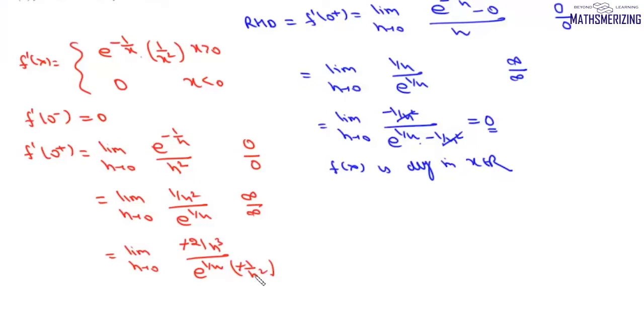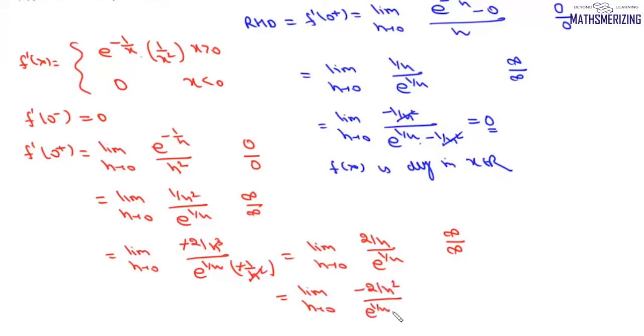This minus and minus will cancel, h square will cancel. We can write this as limit h tends to 0, 2 upon h e to the power 1 by h, which again is infinity upon infinity form. So again, if we use L'Hopital's rule, we can write limit h tends to 0, minus 2 upon h square e to the power 1 by h minus 1 upon h square.